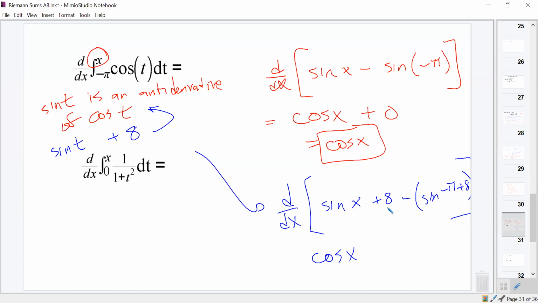And the 8 is just a constant, and besides that, it cancels out with the minus 8. And this is still just a constant. We would still just end up with cosine x. So you can choose any antiderivative, but we usually choose the simplest one that doesn't have extra constants added into it. Good or no?